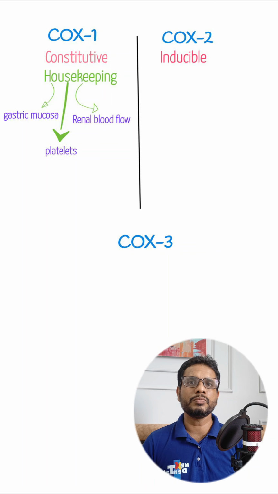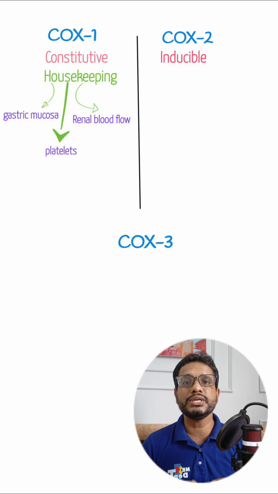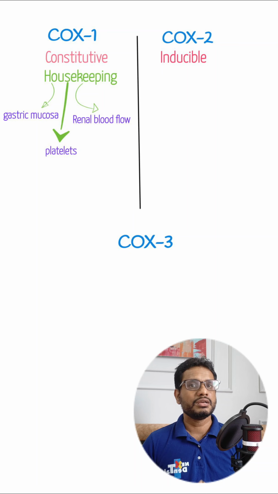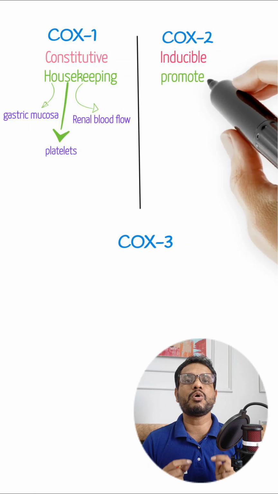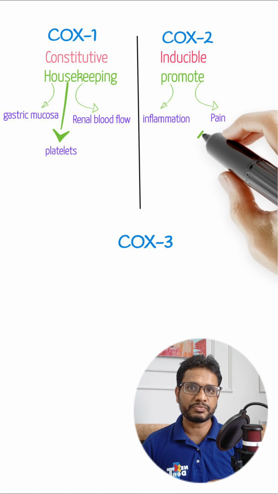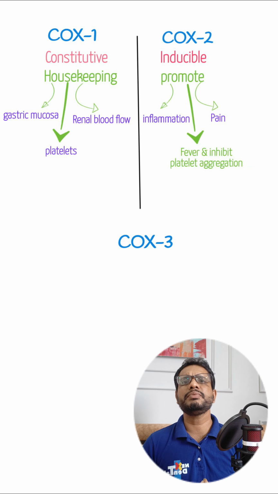Then we have COX-2, which is inducible. It means its activity increases in response to tissue injury or inflammation. The prostaglandins produced by COX-2 promote inflammation, pain, fever and inhibit platelet aggregation during inflammatory states.